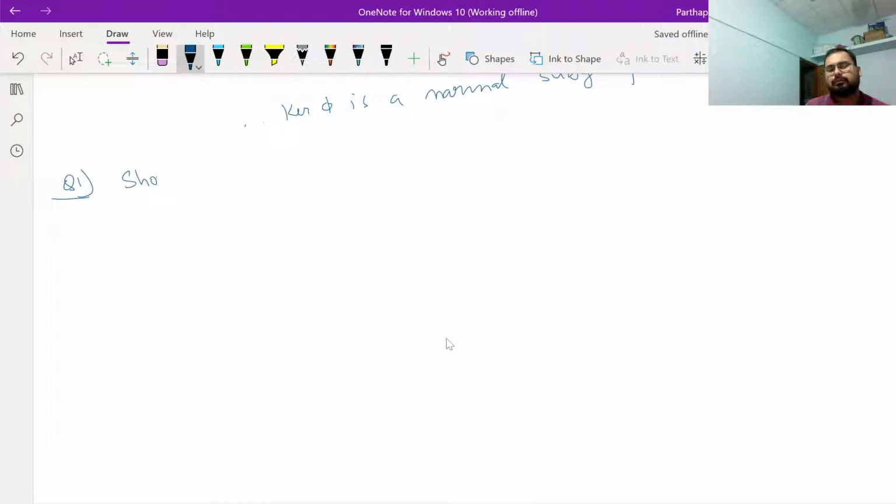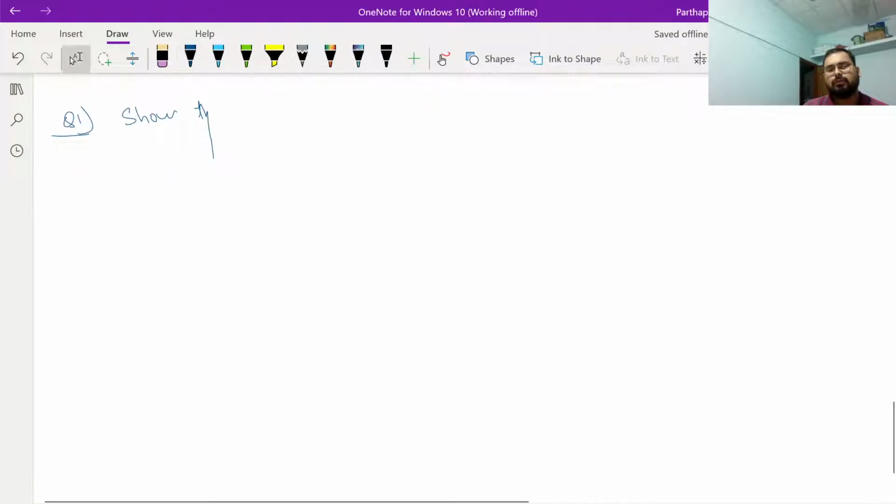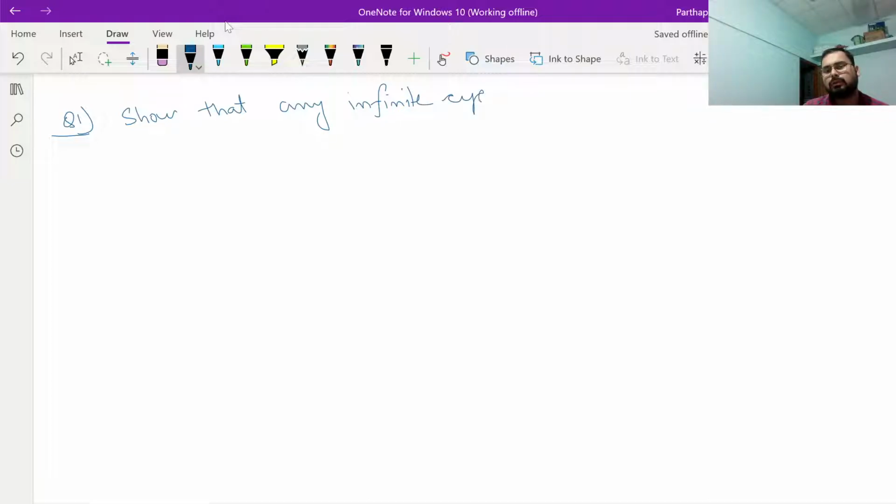Show that any infinite cyclic group is isomorphic to the group of integers Z. So let us solve it.